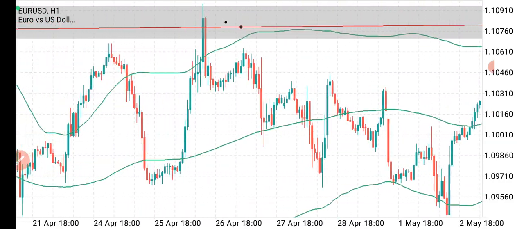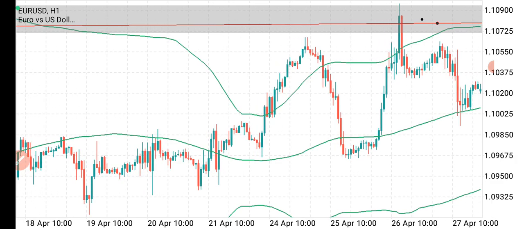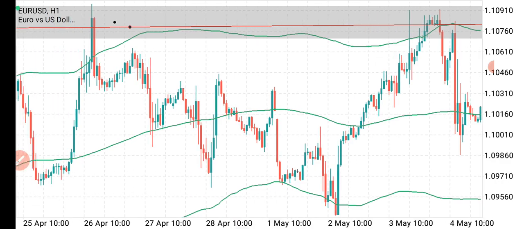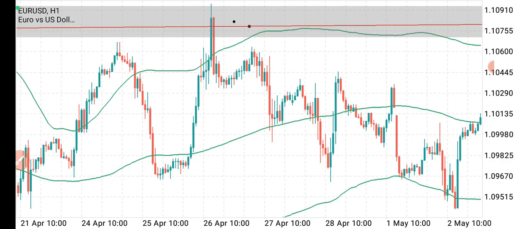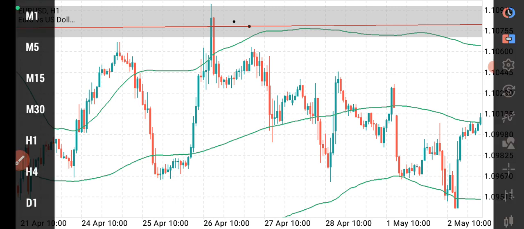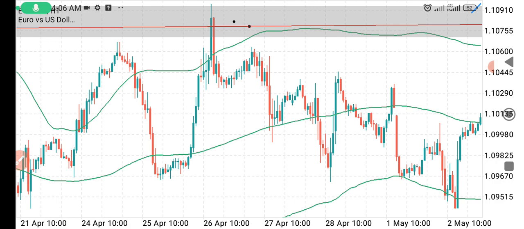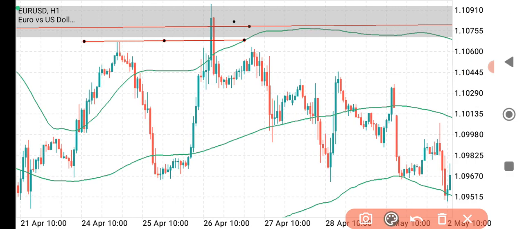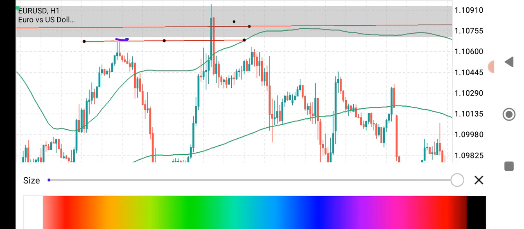Now here is the point we have marked out as our resistance level. You have marked it out as your resistance level as a price action trader. Now, as a smart money trader, here is my point of analysis. I will see from this top here to this level.